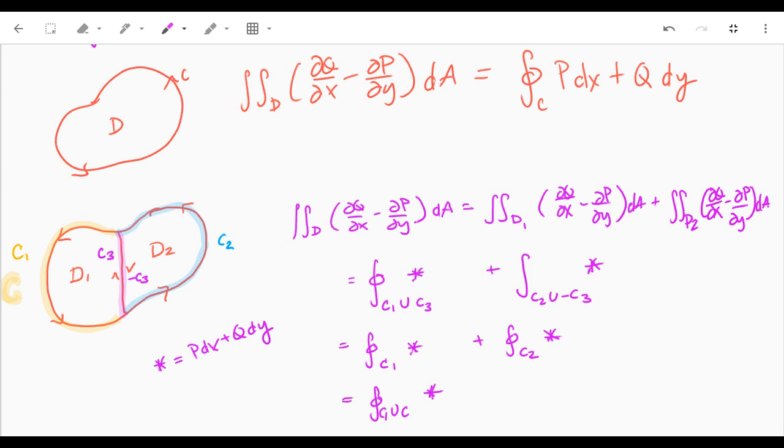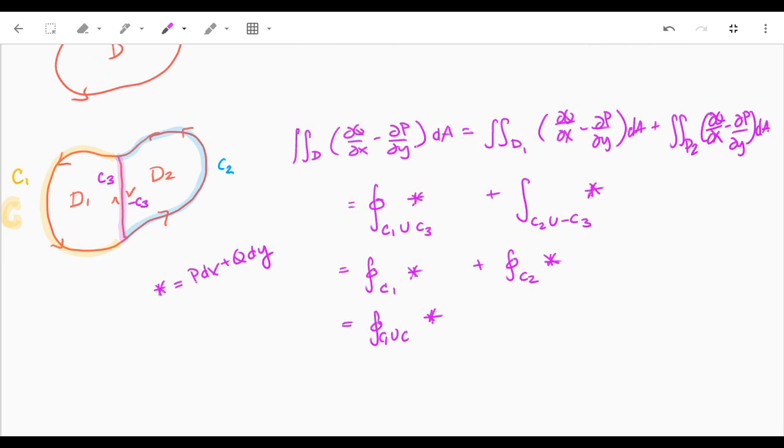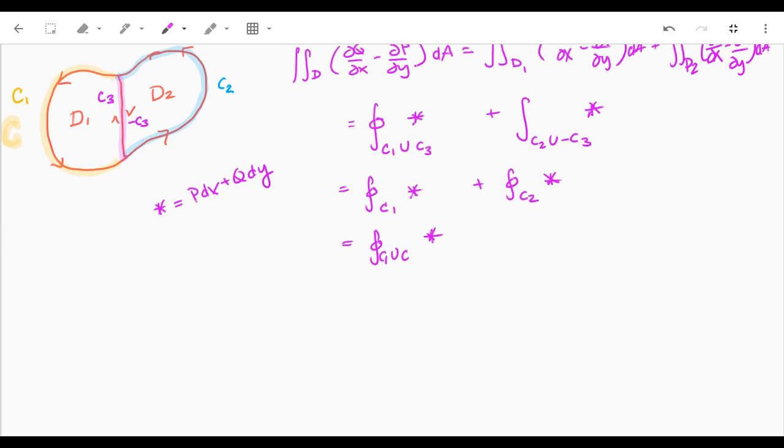All right, so why? Because we will run into regions that aren't simply connected. So if I have a region that looks like this, where this is D, and I've got a C2 and a C1, this is not simply connected.